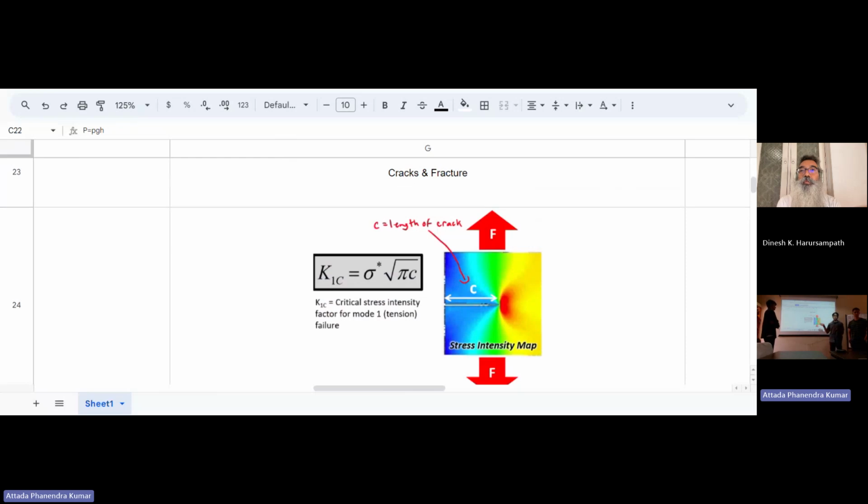This is what I came up with in my MSc materials class last semester, where the critical stress intensity, which is basically the material property in this case, is directly related to the stress applied times the square root of pi times c, where c is the length of the crack. So using this to directly predict what critical stress or material property you need in order to avoid any significant failure to the structure you're using.